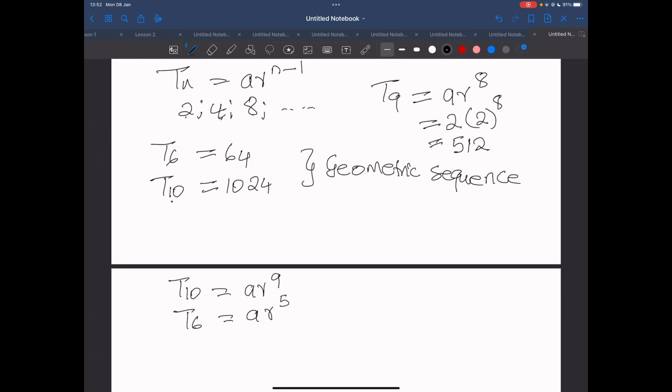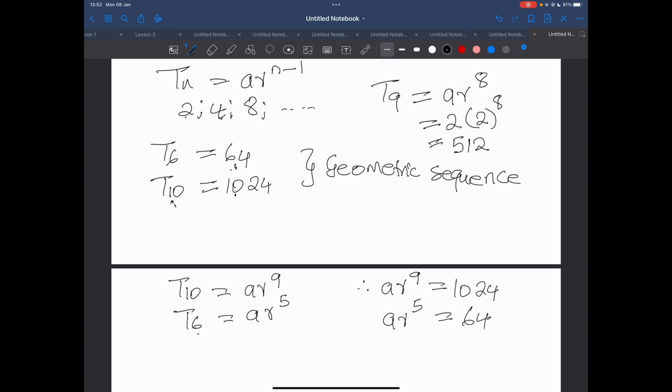So in other words, we can just say AR exponent 9 is given to be, remember, term number 10, they said is 1024. And then term number 6 is represented by AR exponent 5. And then they said that term number 6 is 64.